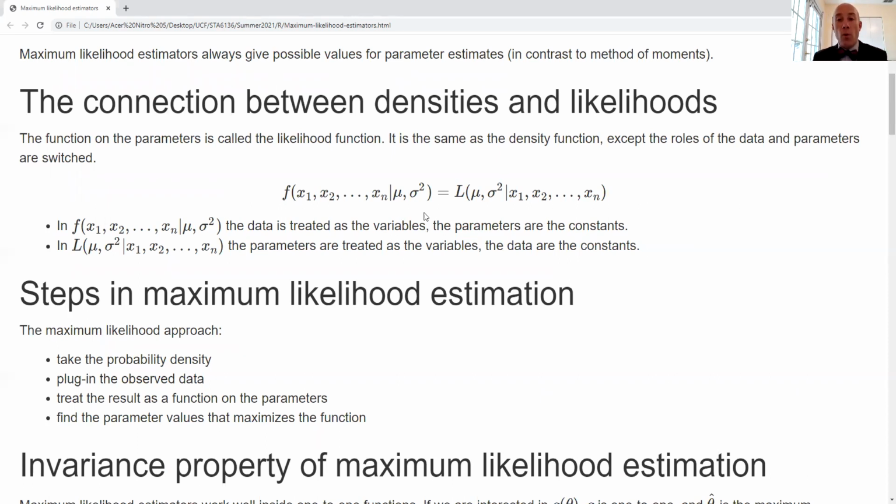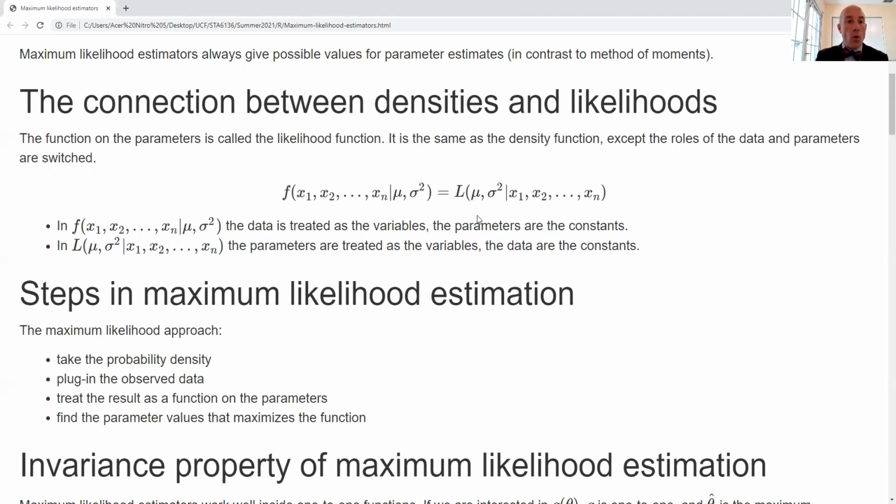So I'm going to treat my data as constants over here. I don't know what my parameters are, so I'm going to treat the parameters as the variables. I've just switched the roles of the data and the parameters, and I'm going to call this the likelihood function. The equation is the same, but the components, the inputs, have different roles.